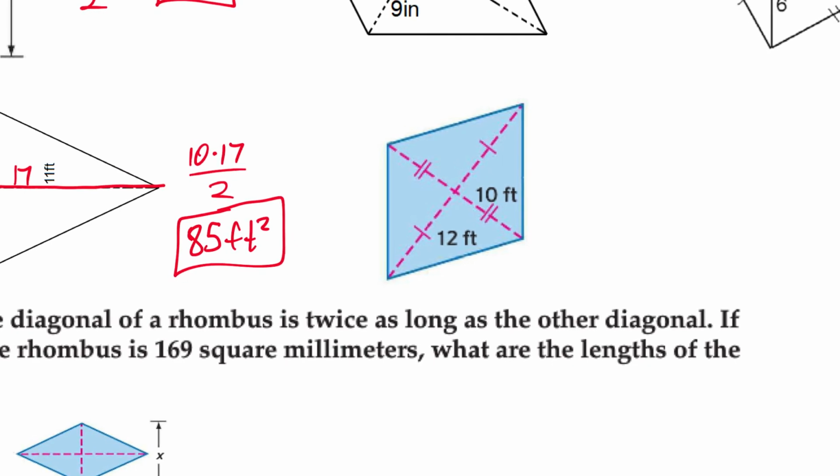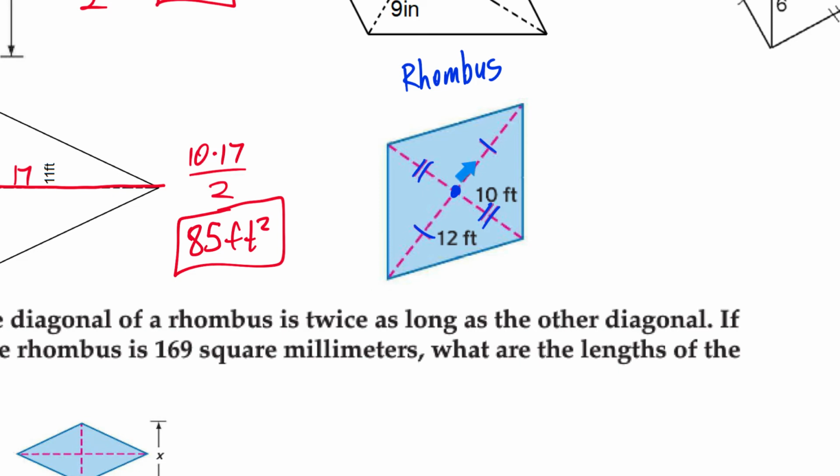Okay, next one. What does this one look like? It looks like a rhombus. Okay, and actually it is because of the property of those being bisected. But this is a rhombus. Now, again, what does it mean whenever you see this mark right here and this mark right here? What are they telling you? They're congruent. So they're saying this is 12 from here to here and it's 12 from here to here.